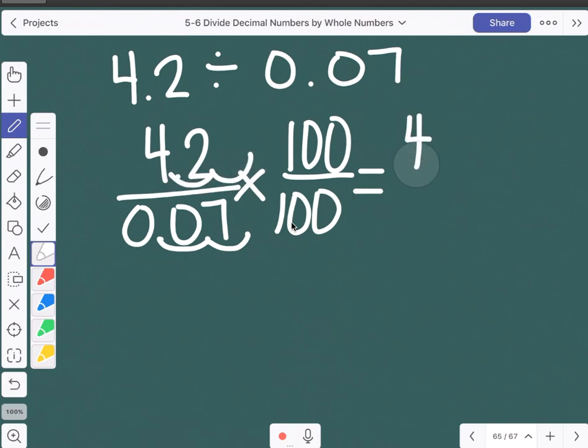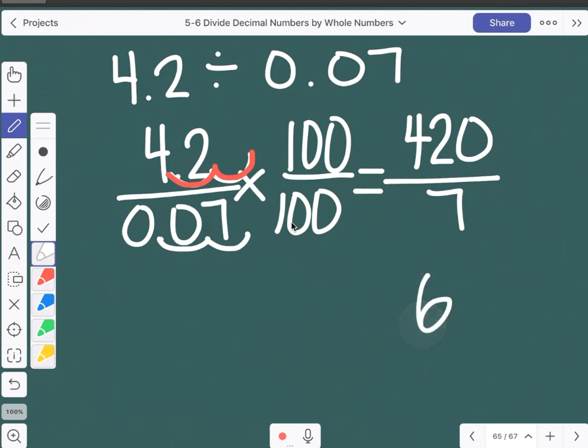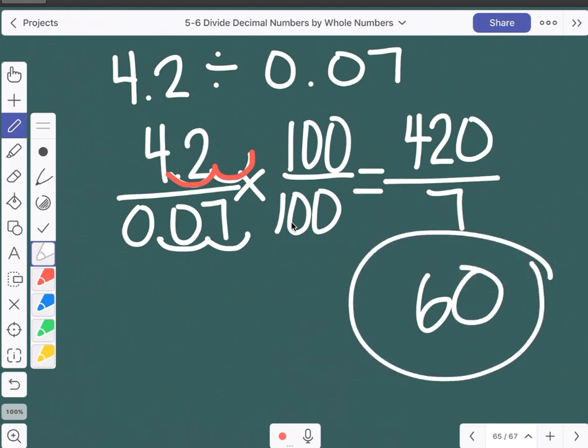So this will be 420 because I moved my decimal over 2 places because it's 100. And this will be 7. I feel like I'm always making my divisor a whole number, and that's easy to remember. So now I can divide. How many times will 7 fit into 420? Well, it'll fit into 42 6 times, and then there's that 0. So our answer is 60. Write it down.